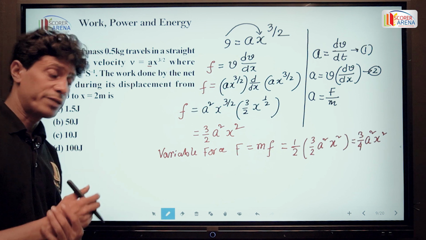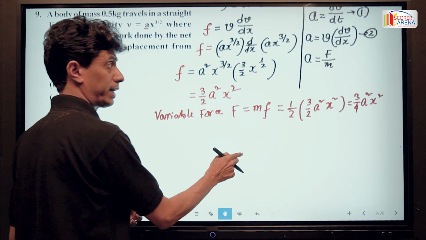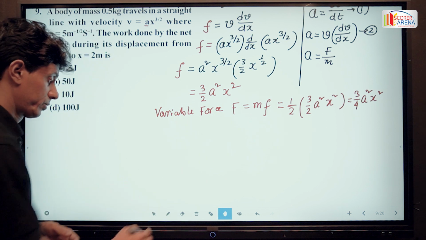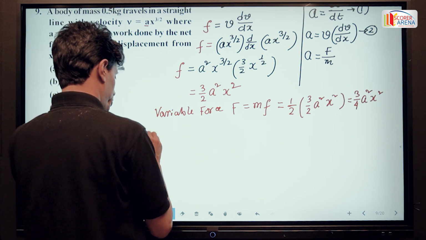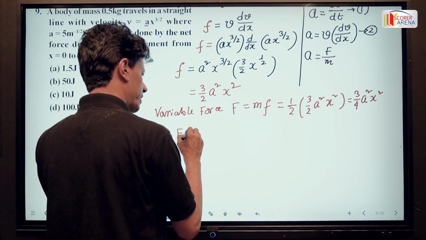Since this force is a variable force, in the calculation of work done we should take dW equal to F dx.